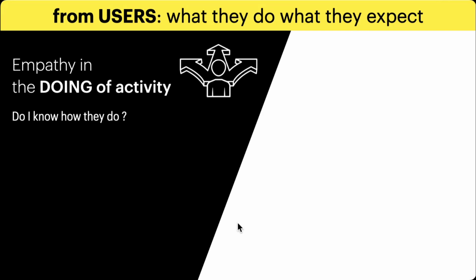Do I know how they do their job and therefore how they expect the system to work with it? Am I really sensitive to the various steps, or the number of steps, that they take to accomplish a job, and therefore look at it from the system's perspective and say, is it hopefully better or easier?